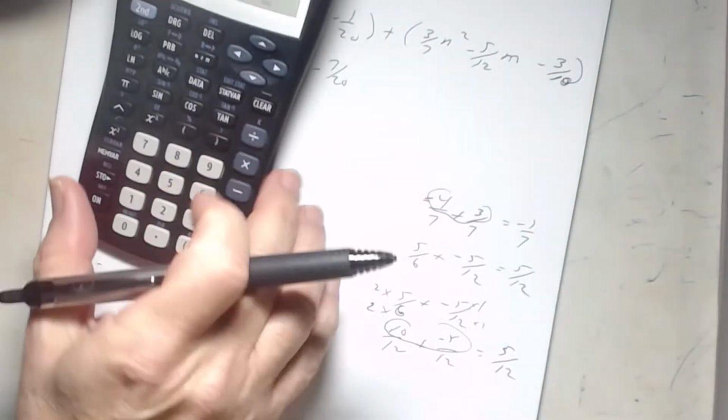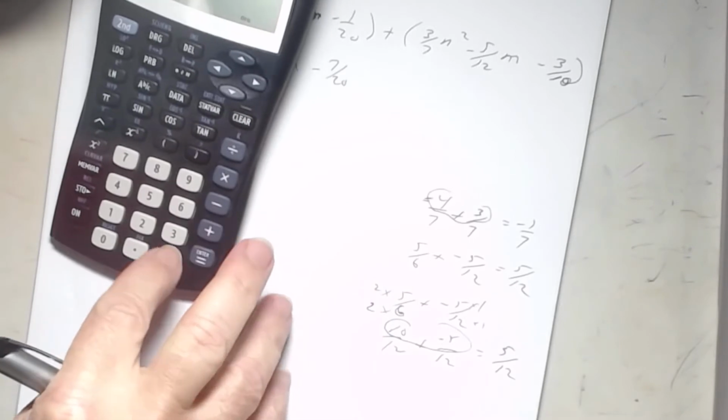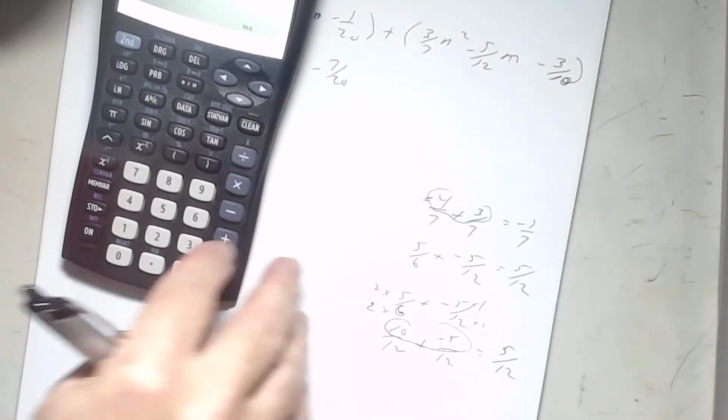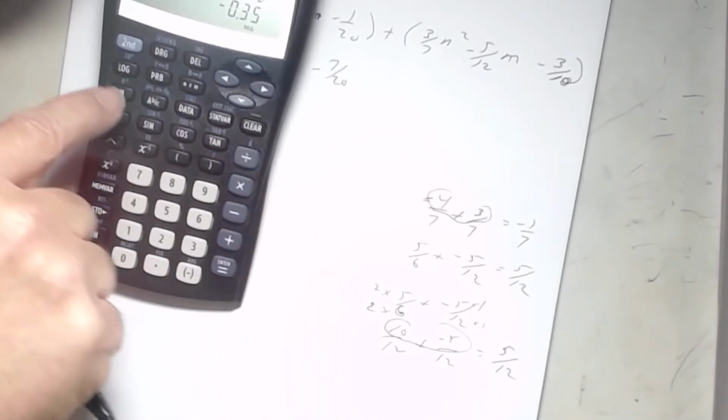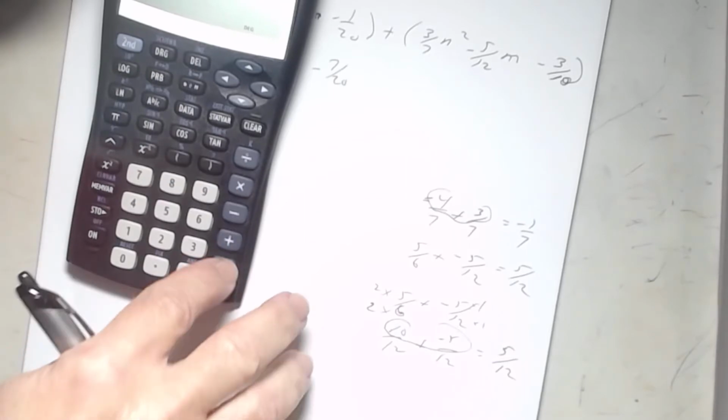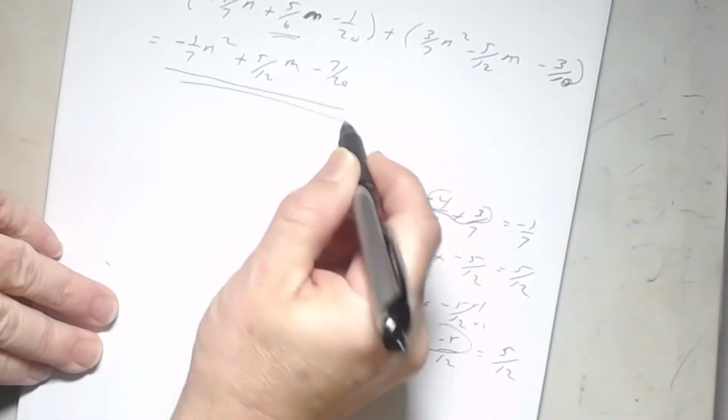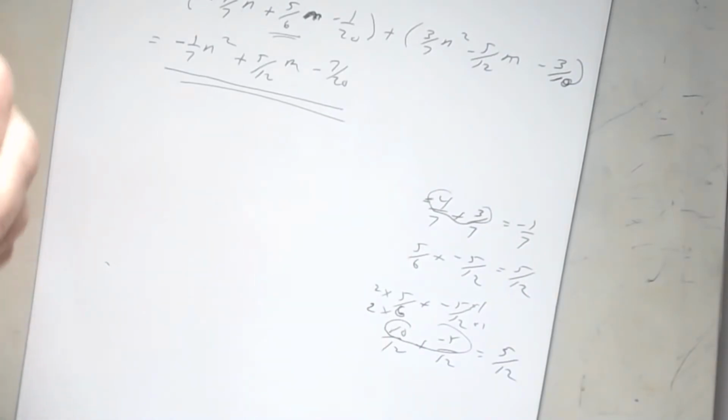Negative 1 divided by 20, plus a negative 3 divided by 10, equal, and then second PRB is equal negative 7 over 20. So you got to figure out what you did in your calculator, okay? All right, and then there's your answer. Okay, so any questions on adding these? Okay, so adding polynomials is easy.